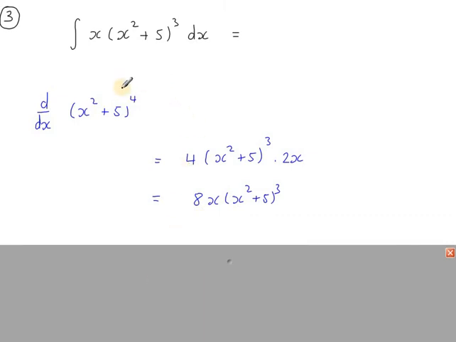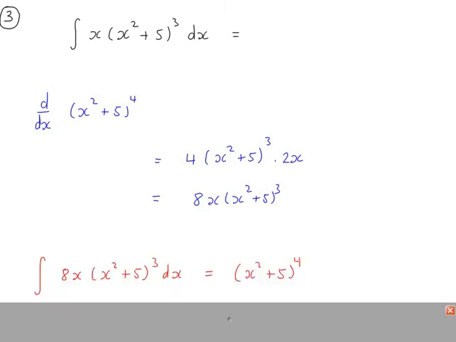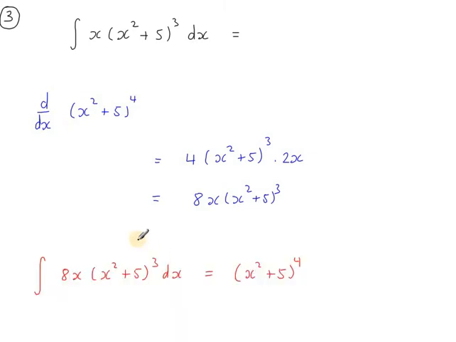So differentiation takes us from here to here. So if we integrate this, we get this, like so. So now we are allowed to multiply or divide both sides by a constant, not by any x term, but only by a constant.